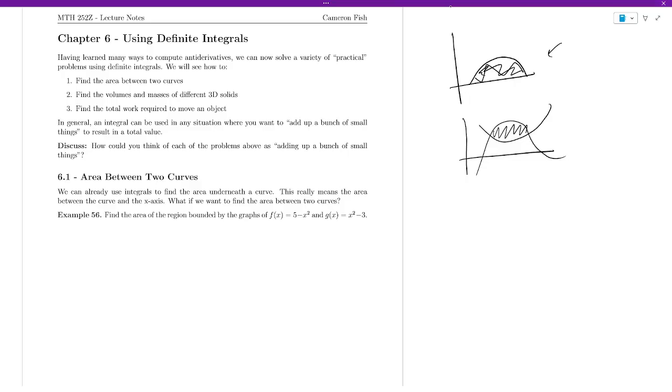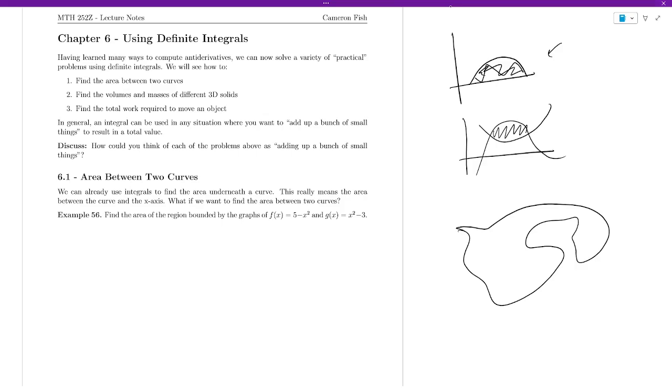Now all of a sudden, imagine you had some sort of weird shape, and for some reason you were interested in finding the area of this shape. You'd have to be a little clever with splitting it up, but you could use this idea of the integral between two curves to find the area of the shape.